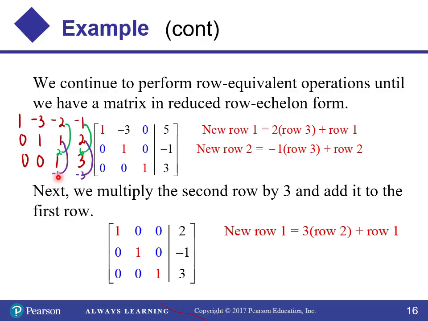Negative 1 plus the 1 gave us the 0 right there. And negative 3 plus the 2 gives you the negative 1.